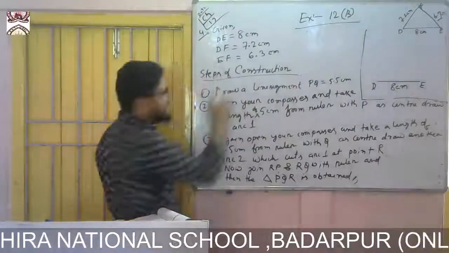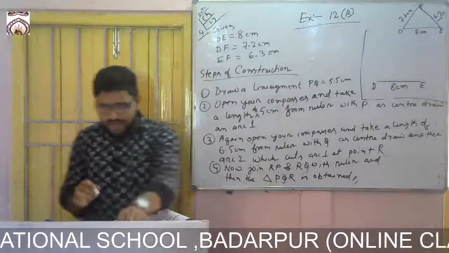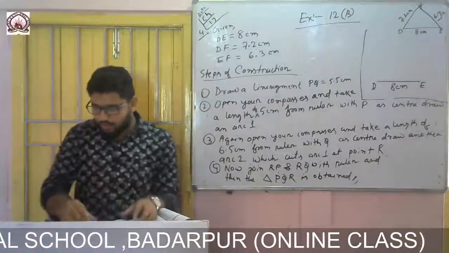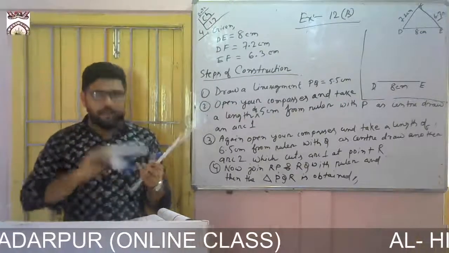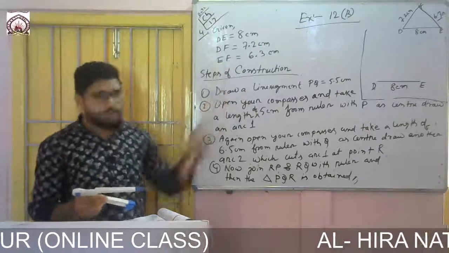Now DF is 7.2, so from your ruler, by compass, you measure 7.2.